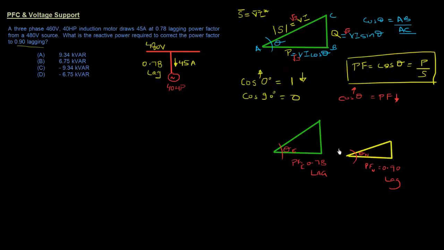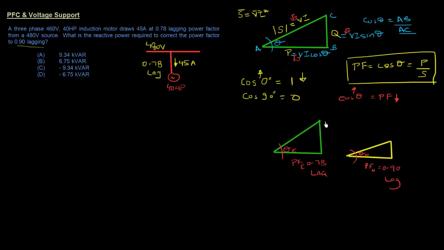What's the key difference here? Now, what you have to remember is when you are changing the power factor, you don't want to change the real power, because the real power being absorbed by the motor is going to remain the same. You want the motor to continue doing the work that it's doing right now, right? So it's still going to have the same mechanical output, therefore it's still going to draw the same real power. Real power is the power that's doing the work, correct? So what changes?